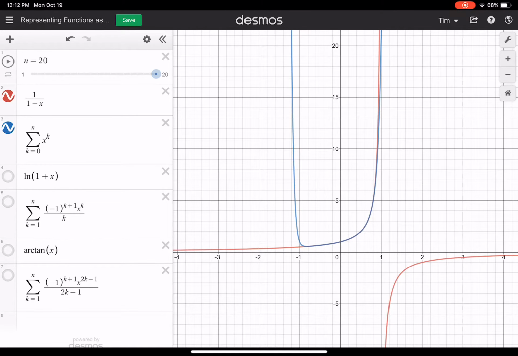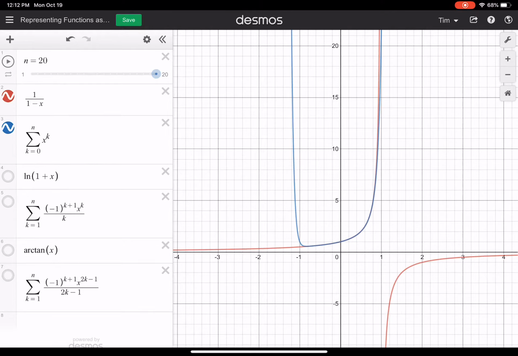And so beyond x equals 1, of course, this polynomial is not going to converge to 1 over 1 minus x because it is in fact negative when x is bigger than 1. And so this series converges between minus 1 and 1.